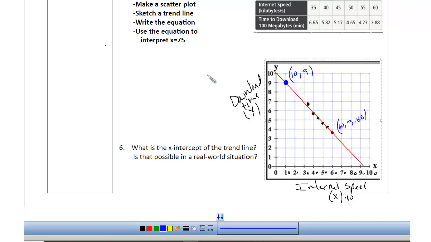Okay, so again, first thing we're going to do is find the slope. So I take the difference of my y values over the difference of my x's. So my difference of y is 3.88 minus 9, and I have 60 minus 10.